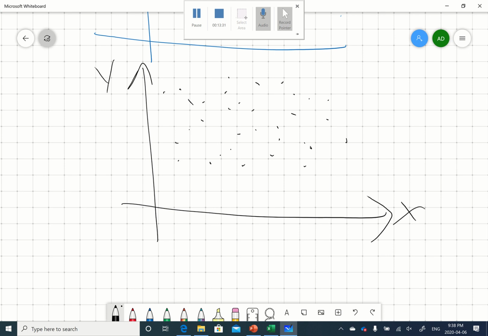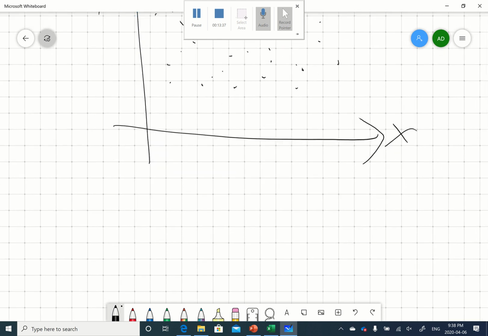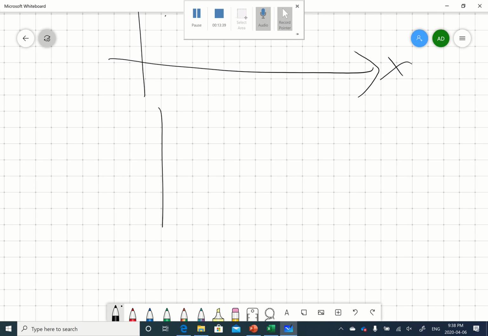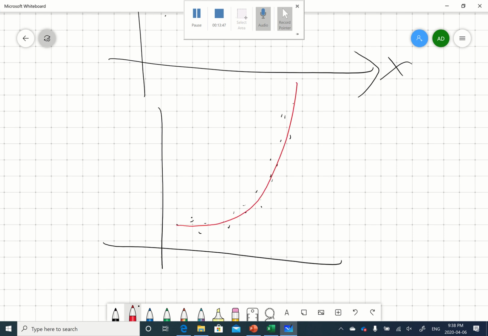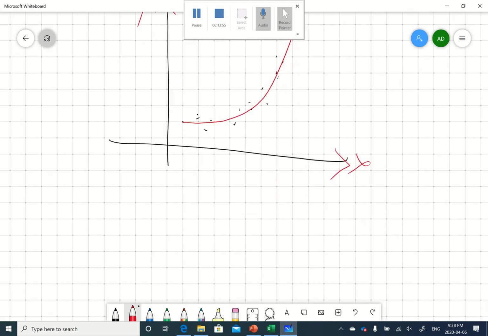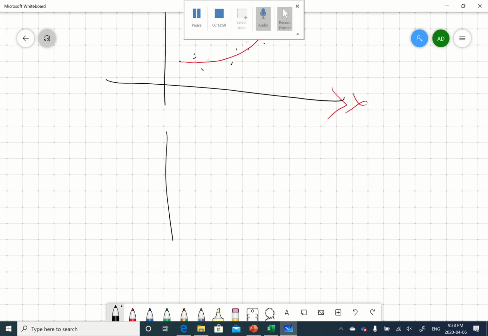No pattern can be identified. So we can say no association between the variables. Or else you can have something like this, exponentially increasing patterns.